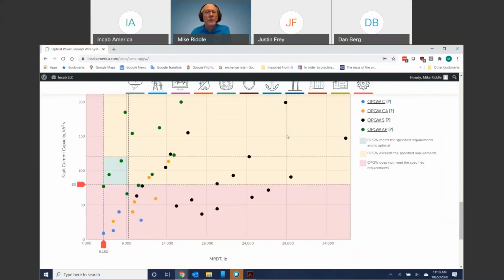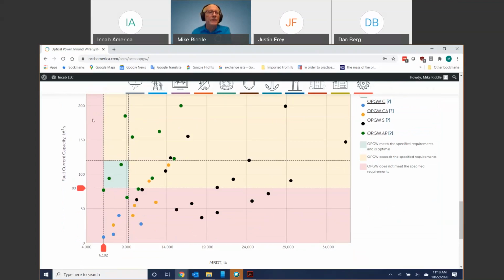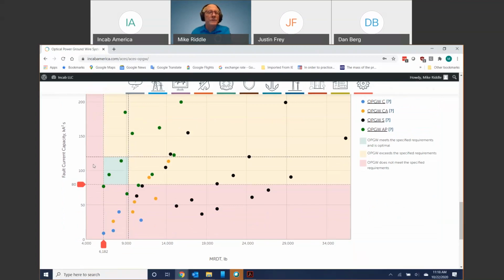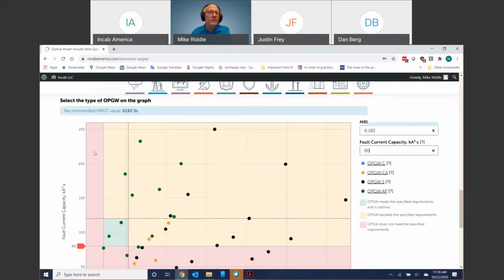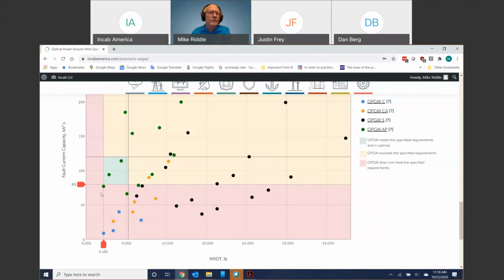So back to the chart that you see here, the red means that the dots in the red zone don't meet your criteria. Either the fault current is too low, down here, or the strength is not high enough. Got one cable here on the borderline.